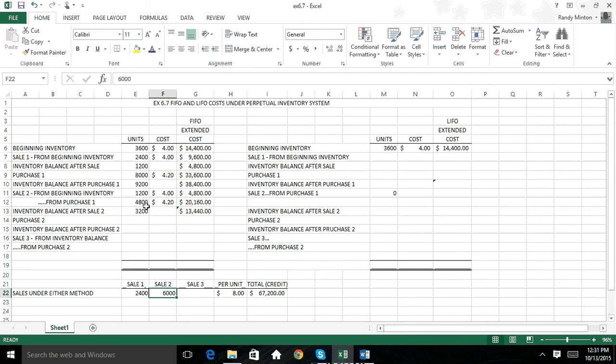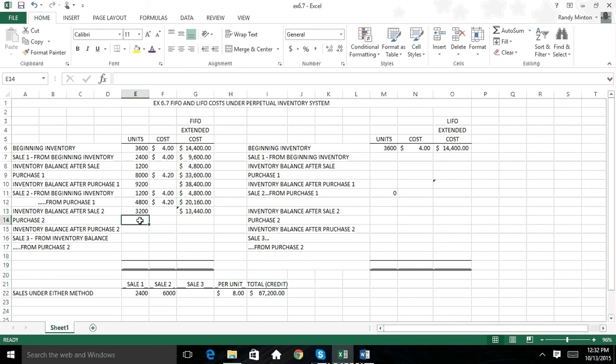And going further, 8,000 minus 4,800 is 3,200. So now I've struck a new balance at the end of that particular sale for 3,200 units at a FIFO extended cost of $13,440.